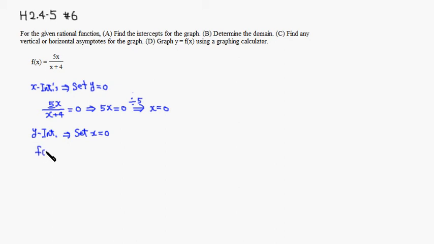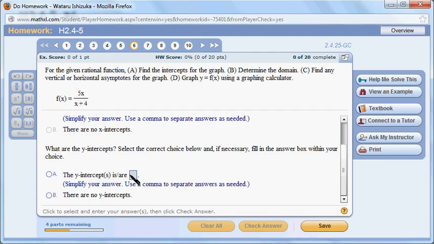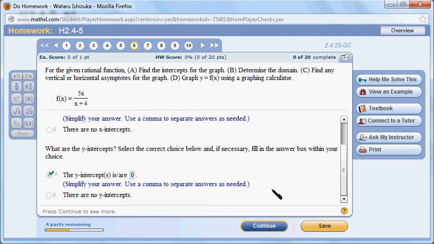So f of 0 is going to be 5 times 0. Every time you see x, we put a 0 there. So it's going to be 0 plus 4 on the bottom. But you can see that the numerator is 0, so it's 0. So the y-intercept is also 0. Go over there and type in 0. Check. All right, got that.